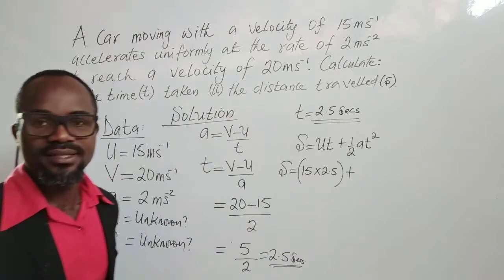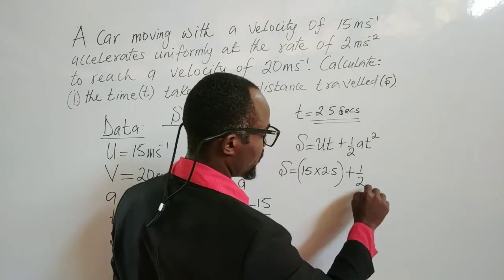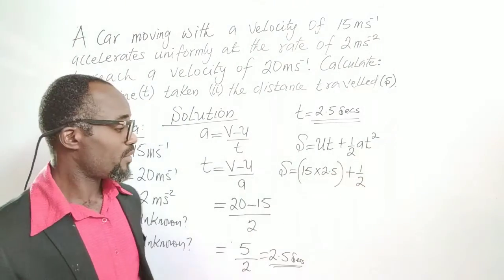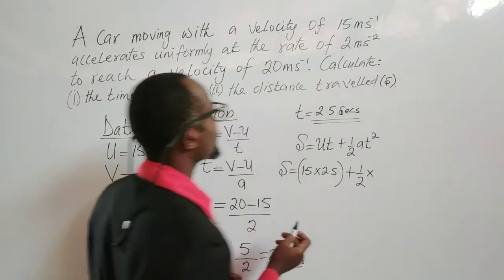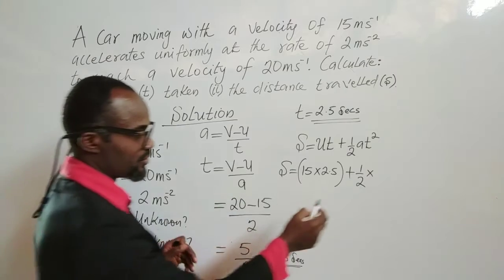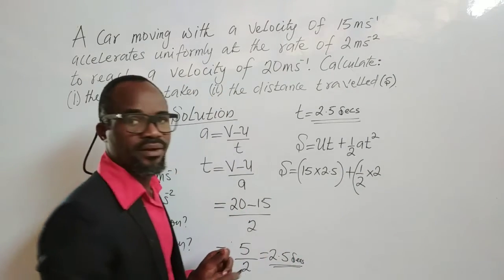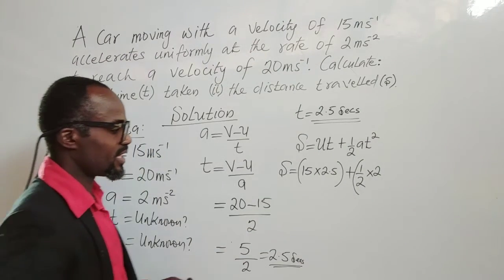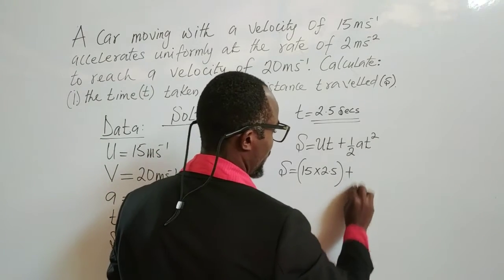plus, we move on again, we have 1 all over 2, according to the formula. The next thing is the acceleration, which is 2 meters per second squared. We substitute. Let's just try and do something better here.